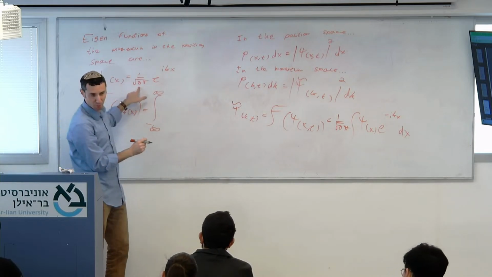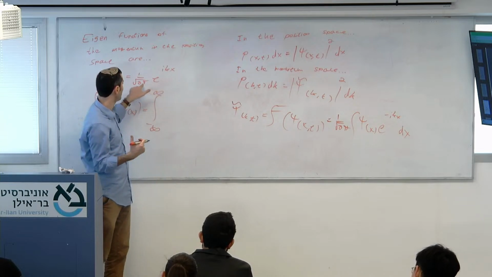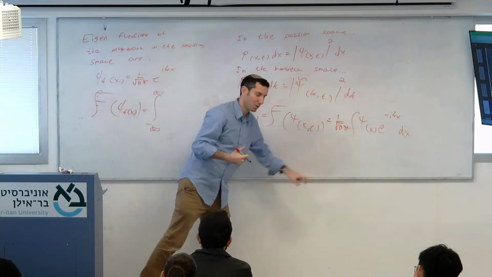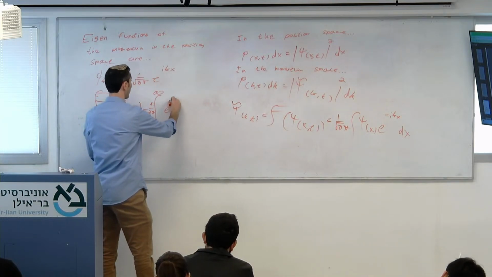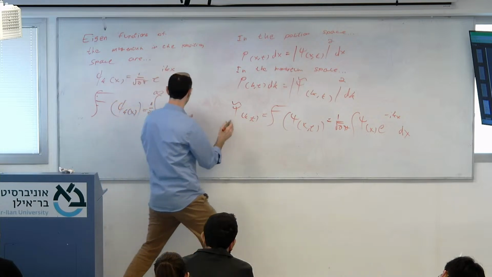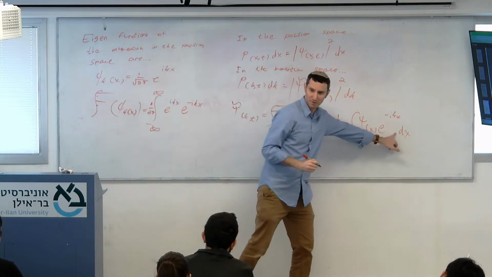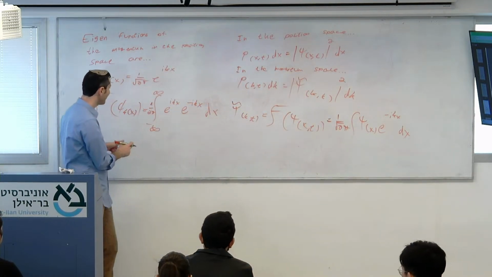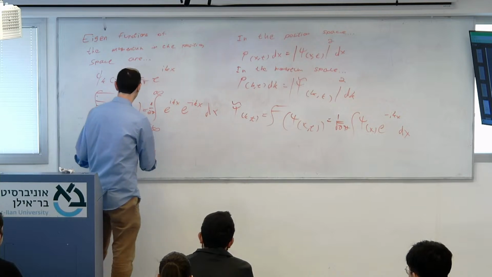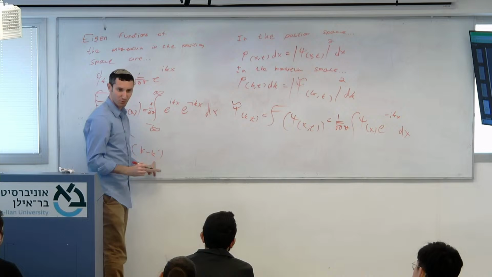I have 1 over square root of 2 pi coming from here, and another one from the Fourier transform, altogether 1 over 2 pi, e to the i kx coming from here, e to the minus i kx coming from here, integral dx. Hey, I know this guy. This is a delta function. This is delta of k minus k prime, right?